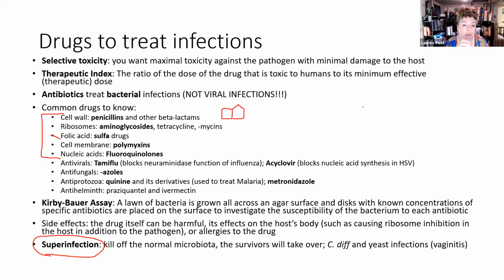Tamiflu. Tamiflu blocks neuraminidase function in influenza. We will talk about this more when we get into talking about influenza in the final unit, unit 4, the last quarter of everything you're going to learn. But basically, influenza virus has a spike on its outside that is called neuraminidase, and it helps clip it free.